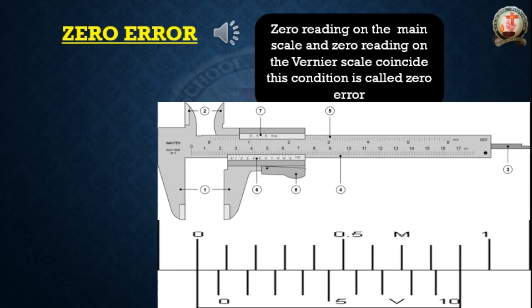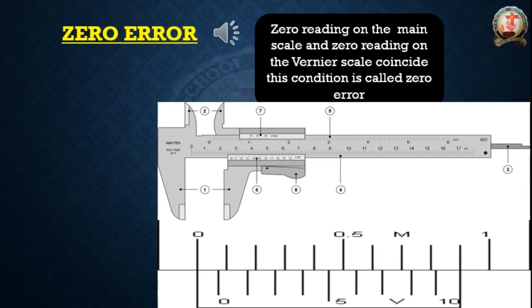Please remember what I am going to tell now. Zero error means the vernier caliper has no error. Zero means no, so no error.